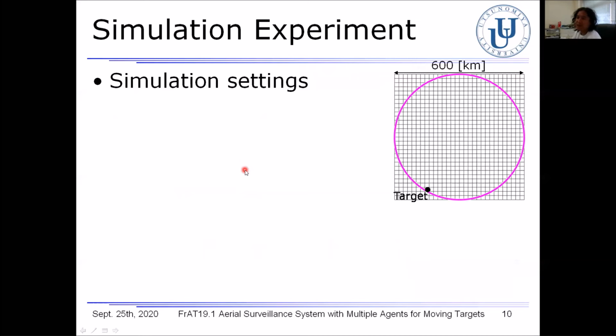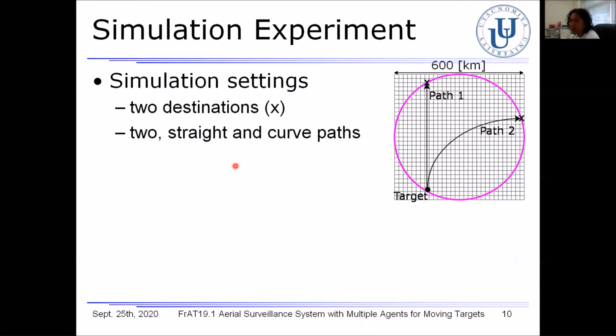Okay, so in this simulation experiment, we first focus on the estimation accuracy for the future positions of the moving target. For each of two moving targets, two destinations and the straight and the curve paths are given, as you can see here, this one and this one, right?